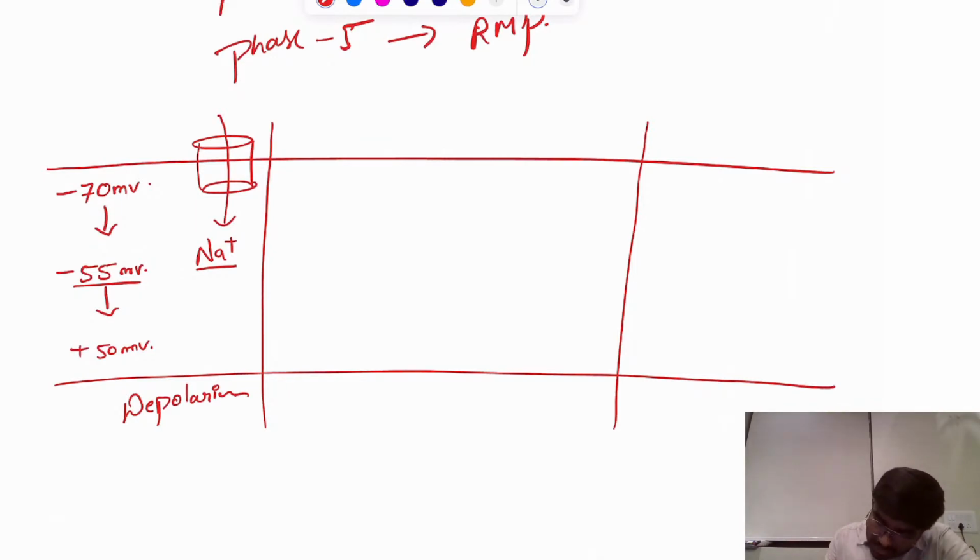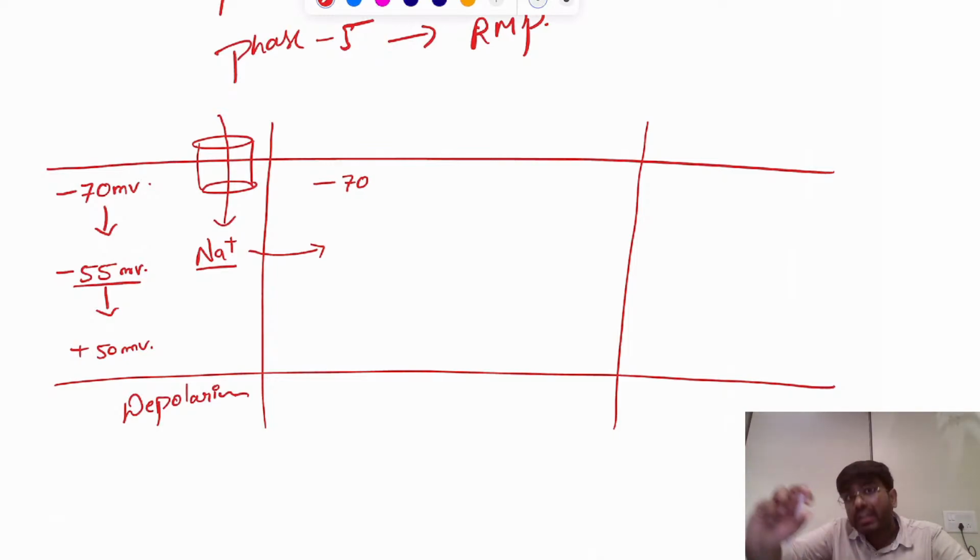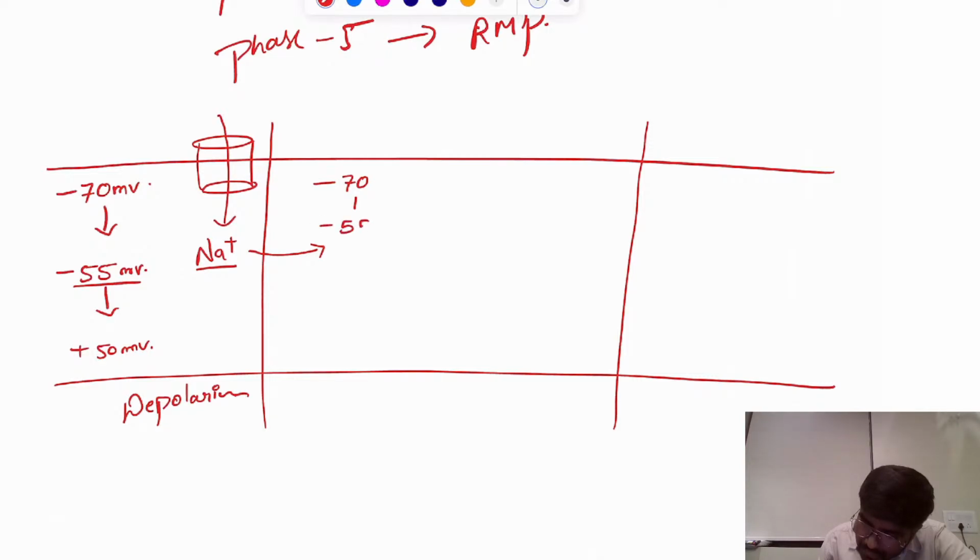Now this sodium will go to the surrounding area. Here it is minus 70. Due to the movement of the sodium, from minus 70 it will become minus 55. So in this area, voltage gated sodium channels will open and sodium will come into the cell.